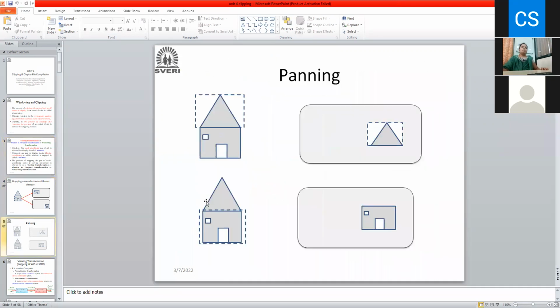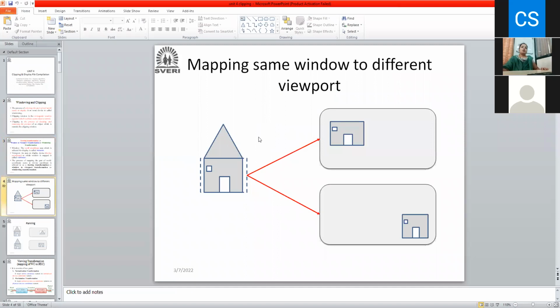Then we saw that one window, for this image which is showing the wall of the hut, can be displayed on the viewport at various locations, and the ratio of height to width, that is the resolution, changes as the size of the display device or screen changes.